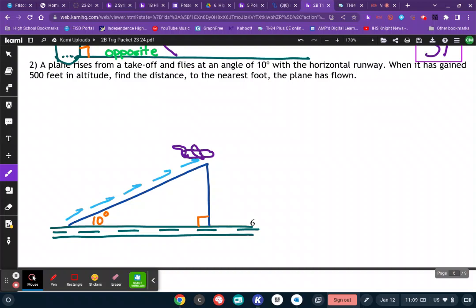The height. Yeah, elevation, the height of the plane. So the altitude is going to be this measure over here. So 500 feet. So once the plane has reached an altitude of 500 feet, find the distance that the plane has flown.